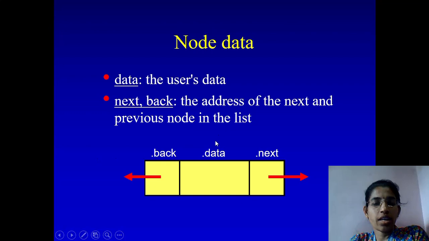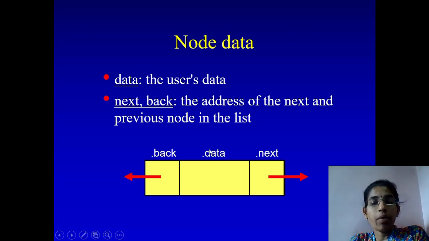See this diagram. Each node has three parts. The first part is for making a connection with the previous node. The second part is for storing our data, and the third part is used to connect the node to the next node. The first part is a pointer type variable used to connect with the previous node.